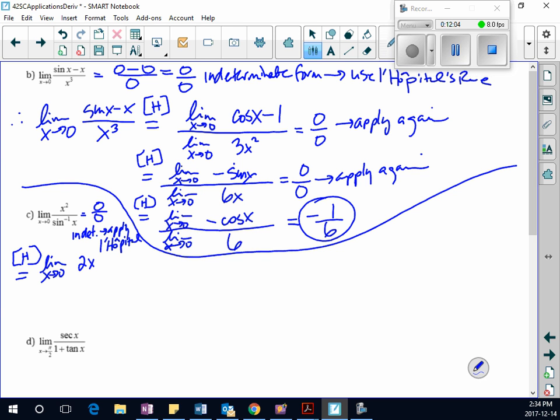Well, first off, this is 2x, right? And so the derivative of inverse sine is 1 over the square root of 1 minus x squared. You should know this. Tan is the plus.